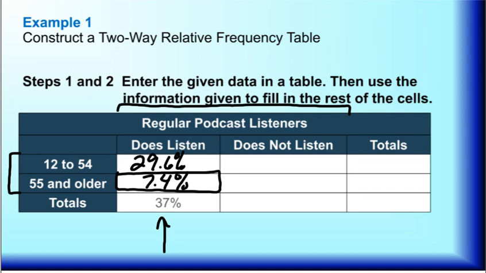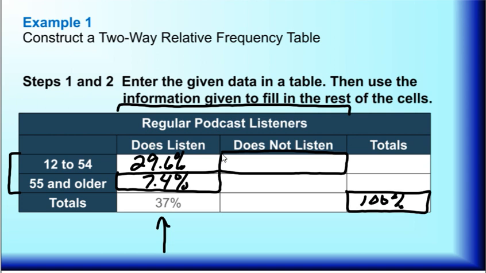Yeah, so 12 to 54-year-olds that does not. So this piece is 53.5% of all those who do not listen. Now, we know that one of the totals, the total in this box right here, the total of totals, that is 100%. So 100% of the people who took the survey.